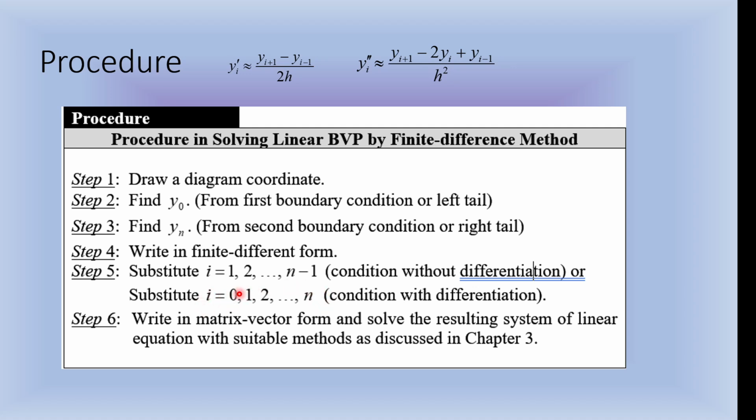After you solve step 2 and step 3, you will get a system of linear equations with n plus 1, because it starts from 0 up to n. And then you can solve it using any suitable method that you have learned in chapter 3.